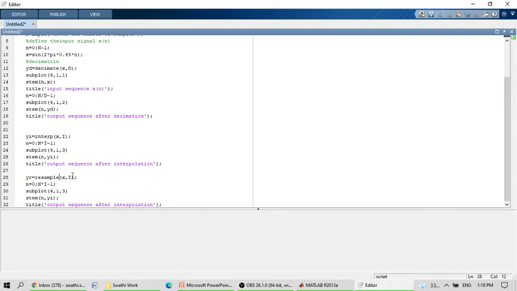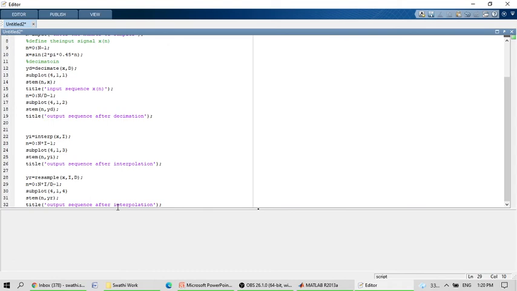So x comma I comma D, by a factor of I by D. So give I comma D. Then in the fourth figure, I am going to plot the resampled sequence by a factor of I by D. And here also, instead of I, I have to give I by D.